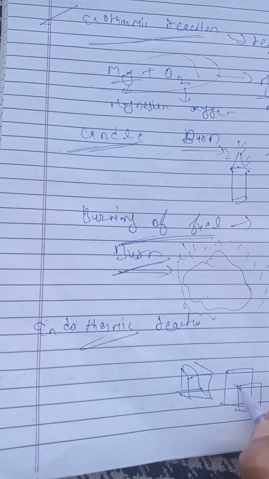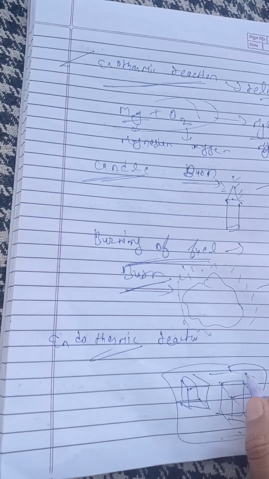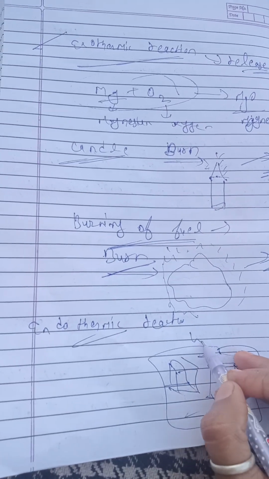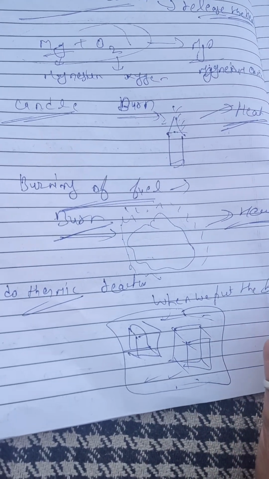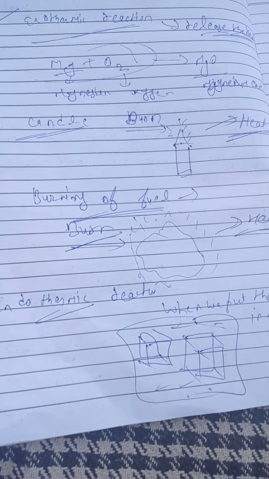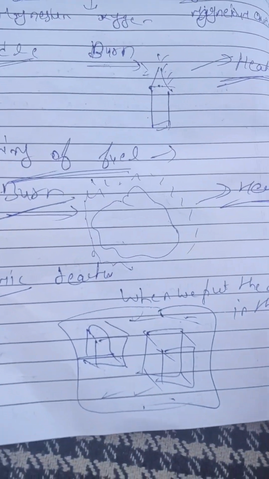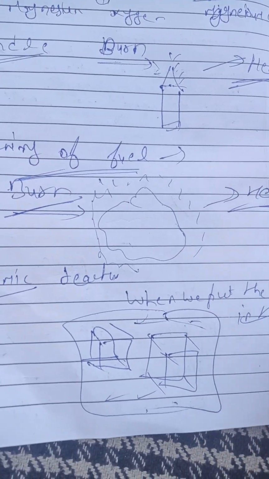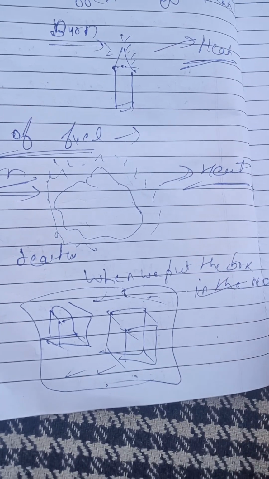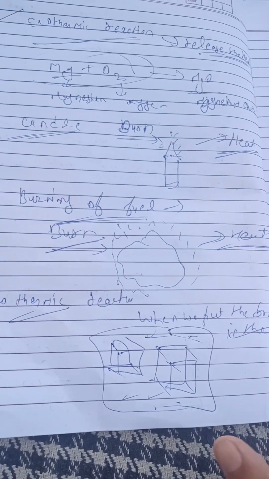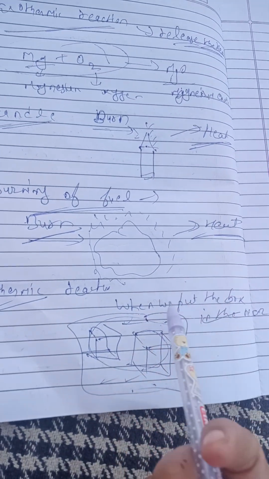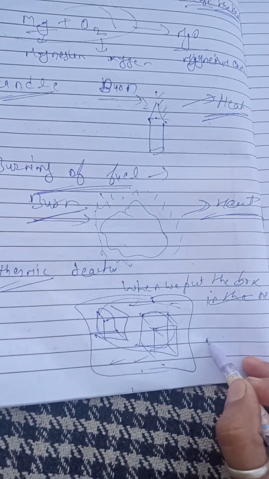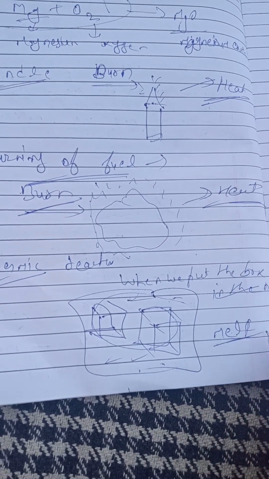This is another ice cube. This is the box. When we put the box near the heat, the ice cube absorbs the heat, melts and gives water.